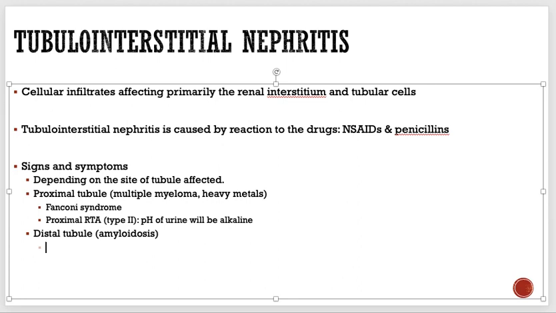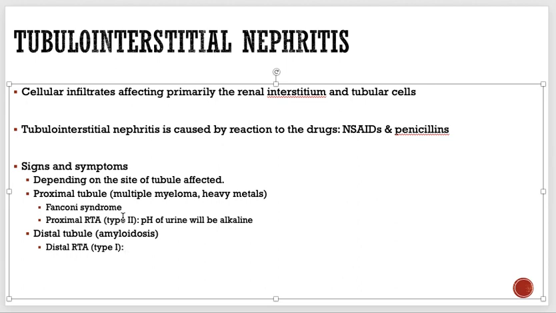When the distal tubule is involved, in this one there will be distal renal tubular acidosis, which is also called type 1.